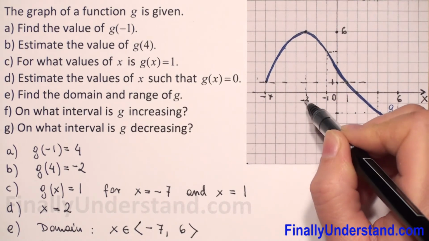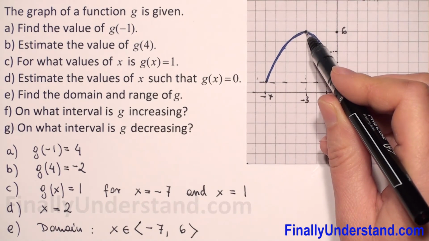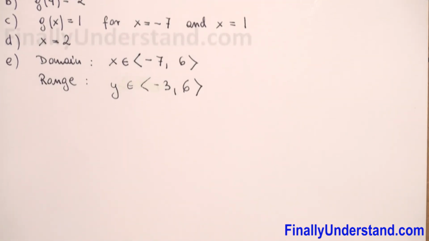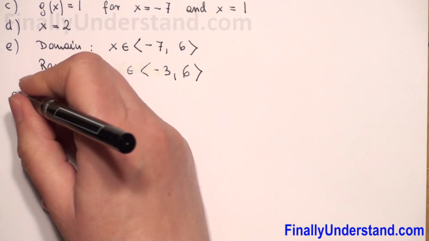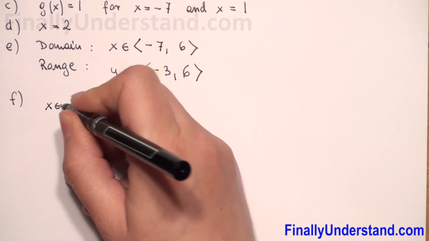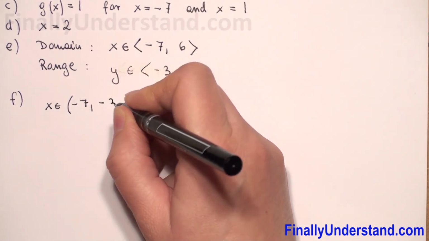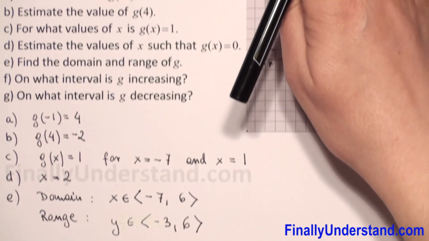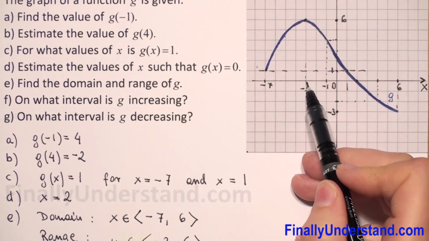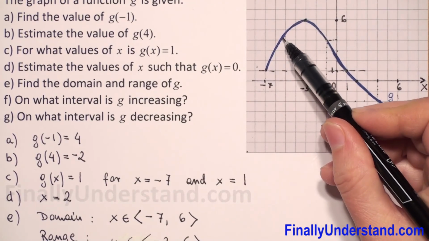From -7 to -3, our function is increasing. So we can write for the interval from x -7 to -3, we see from -7 to -3 our function is increasing.